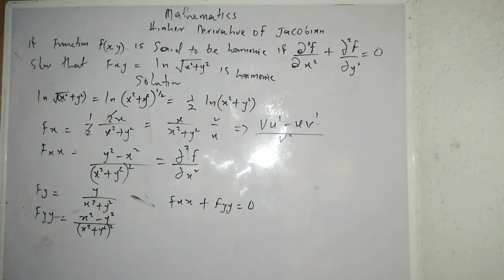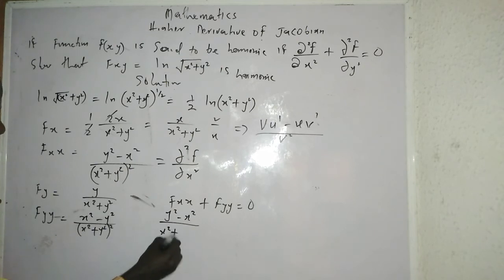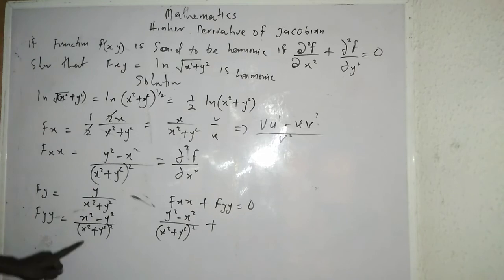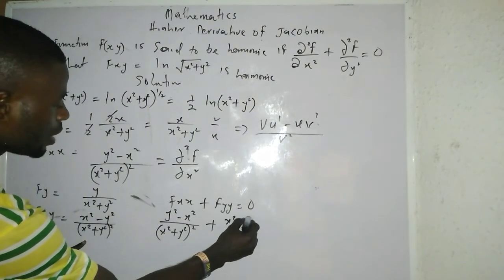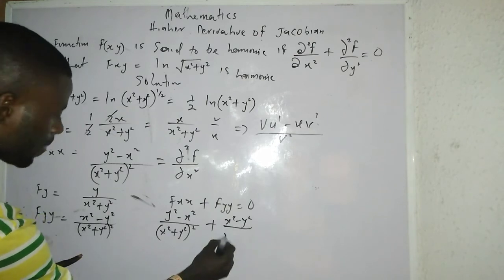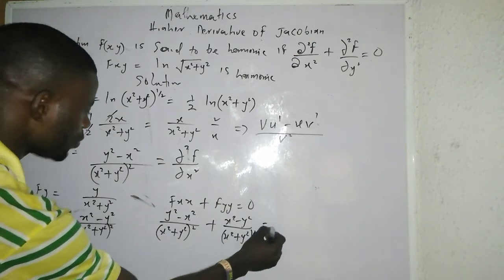What am I going to do? What is my f of xx? My f of xx is y squared minus x squared divided by (x squared plus y squared) all squared, plus this one: x squared minus y squared divided by (x squared plus y squared) all squared, equals what? 0. Can it be equal to 0?